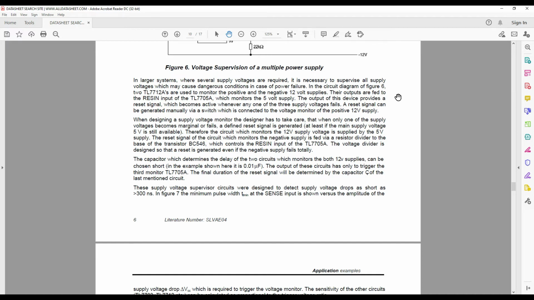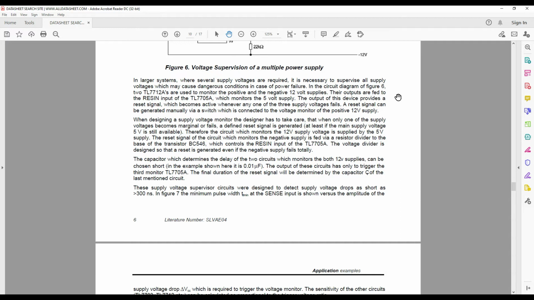When designing a supply voltage monitor, the designer has to take care that when only one of the supply voltages becomes marginal or fails, a defined reset signal is generated, at least if the main 5-volt supply voltage is still available. Therefore, the circuit which monitors a 12-volt supply voltage is supplied by the 5-volt supply.